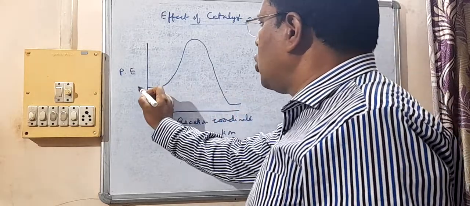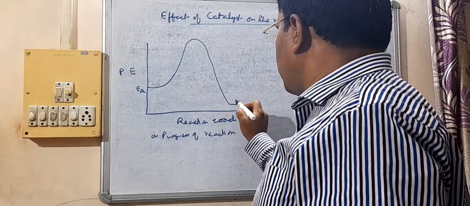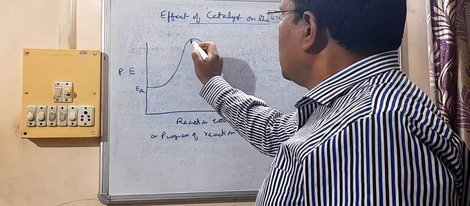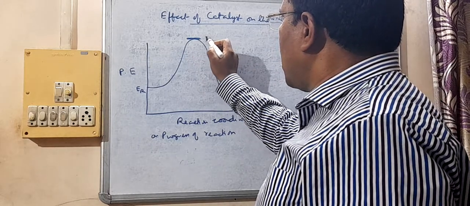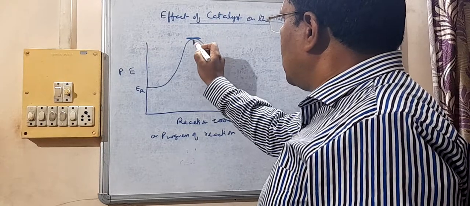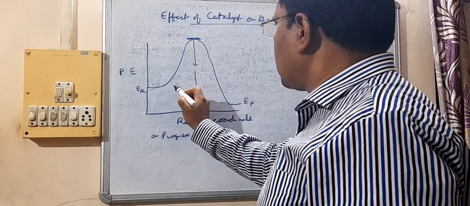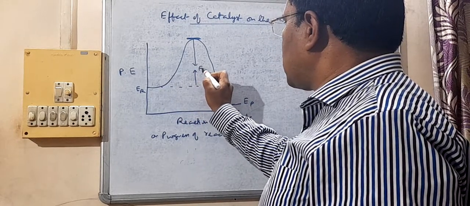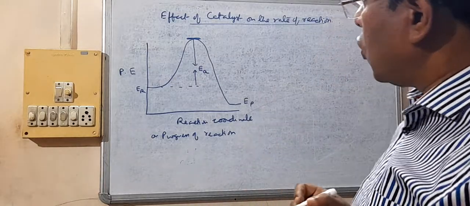This is the energy of reactant. This is the energy of product. This is the activated state. And from here to here, it is called activation energy. So this graph we know.